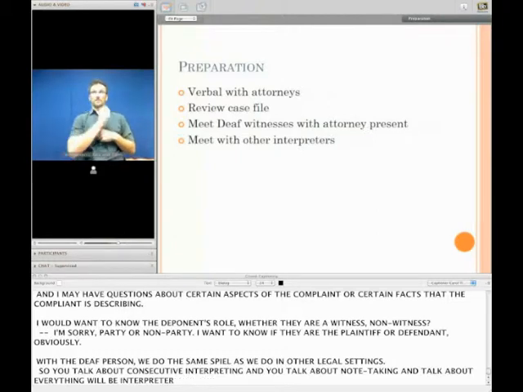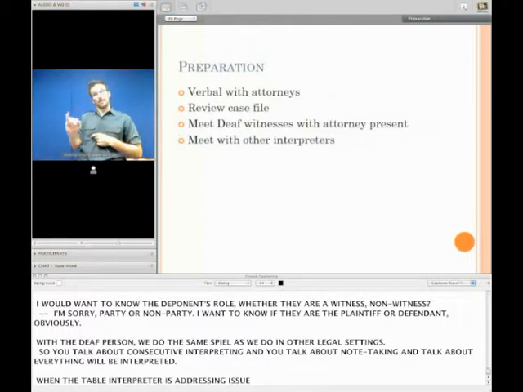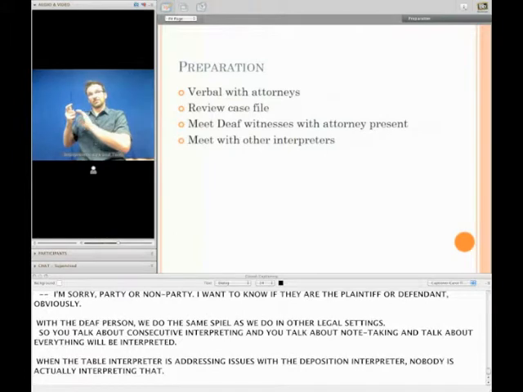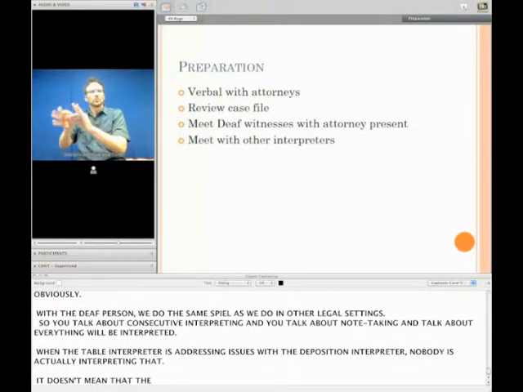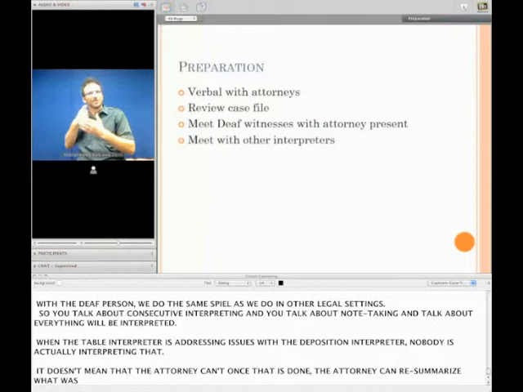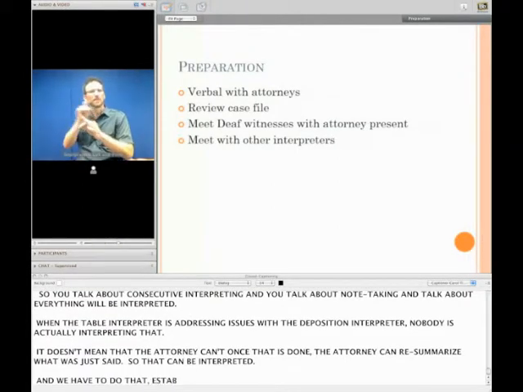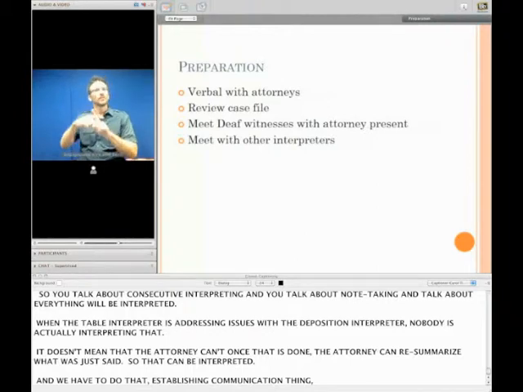When the table interpreter is addressing issues with the deposition interpreter, nobody's actually interpreting that. It doesn't mean that the attorney can't, once that's done, summarize what was just said, so that can be interpreted. And we have to do that establishing communication thing, which usually isn't a problem.